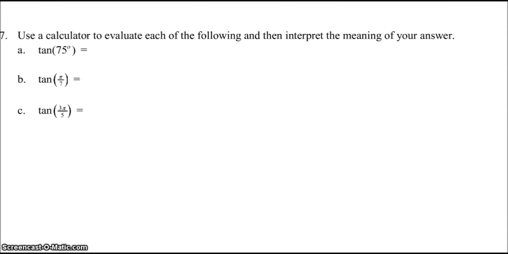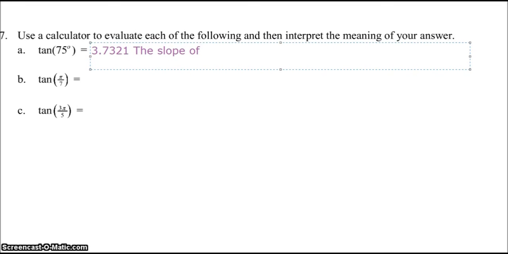Use a calculator to evaluate each of the following, then interpret the meaning of your answer. Tangent of 75 degrees is about 3.7321, and so what does that mean?